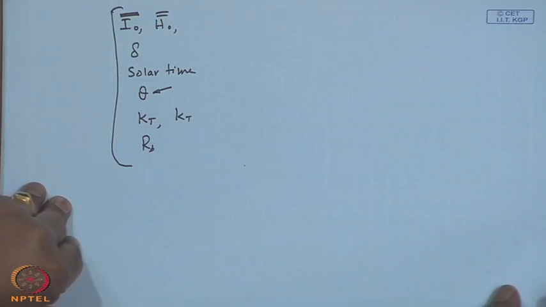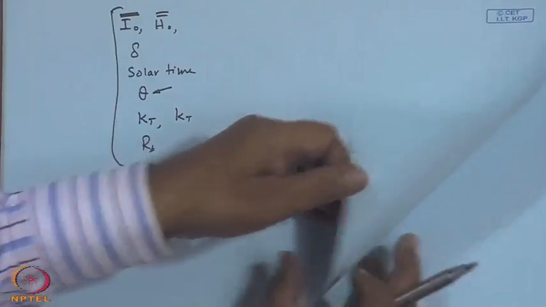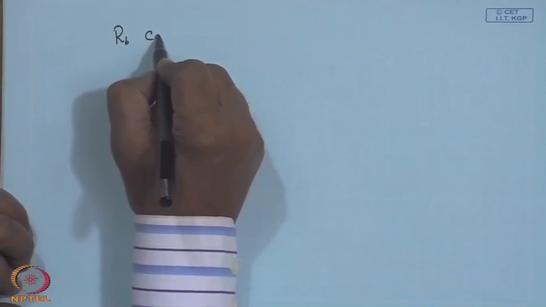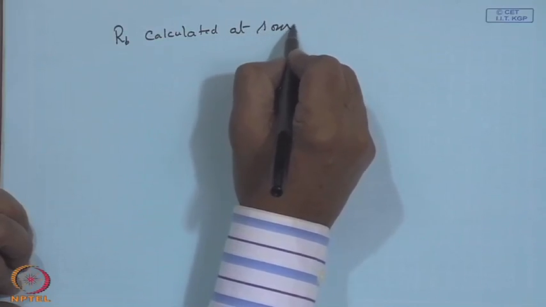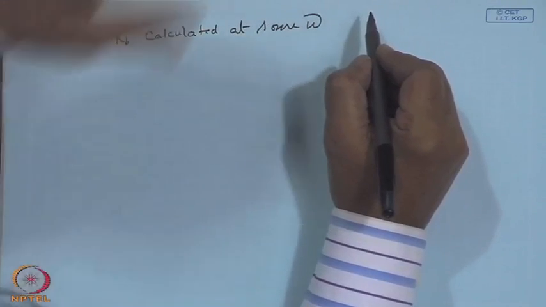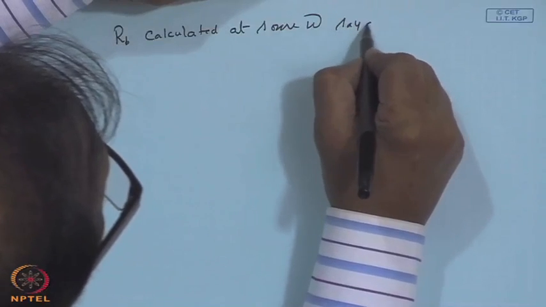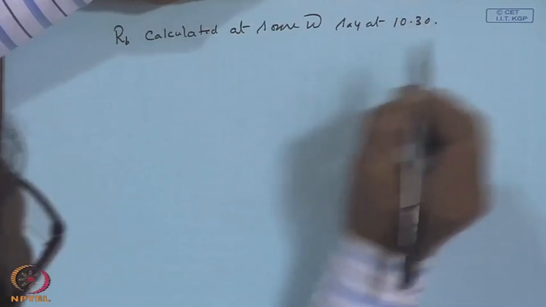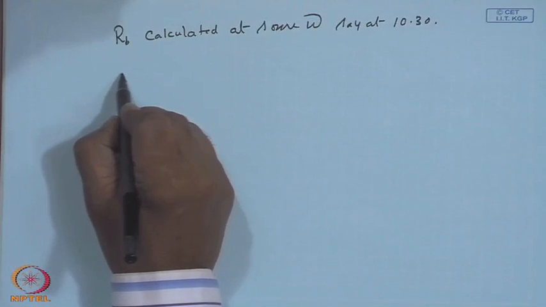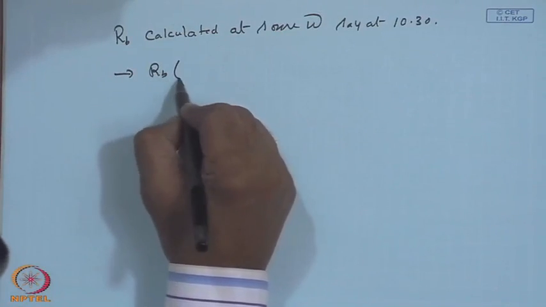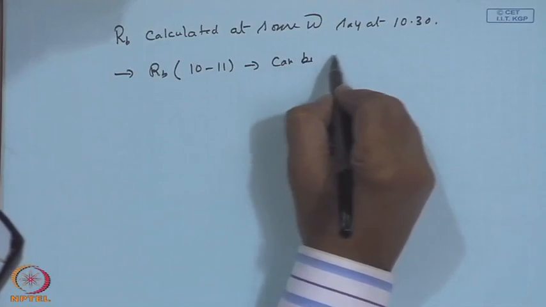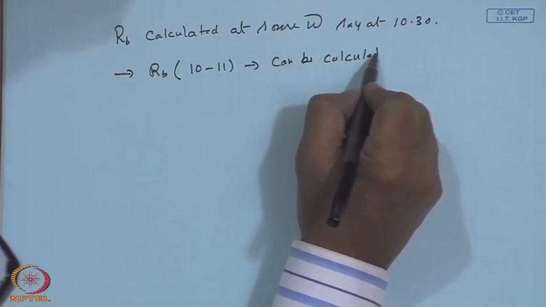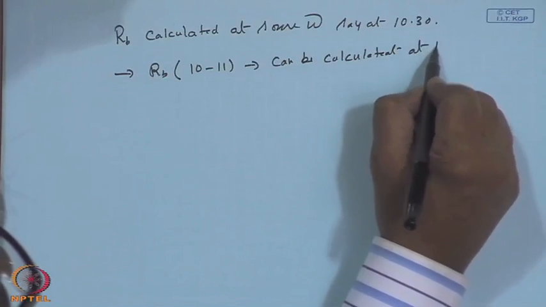Regarding the angles and RB, I was mentioning RB we calculated at some omega, say 10:30. We have been emphasizing that this RB for the hour 10 to 11 can be calculated at 10:30.